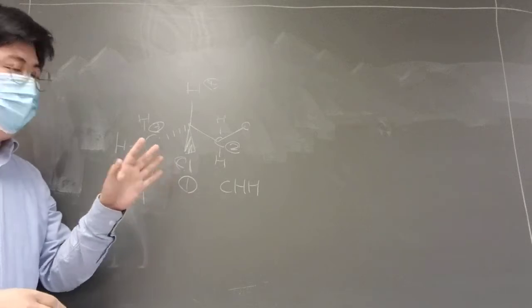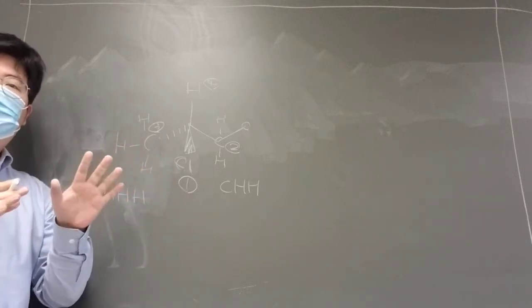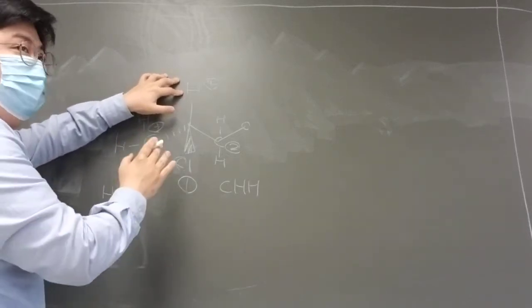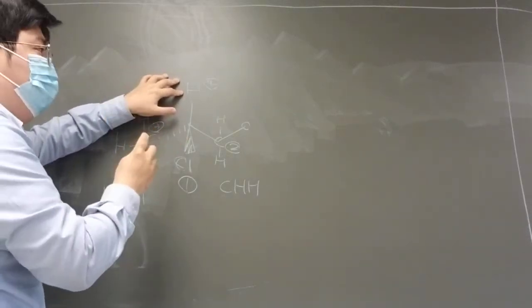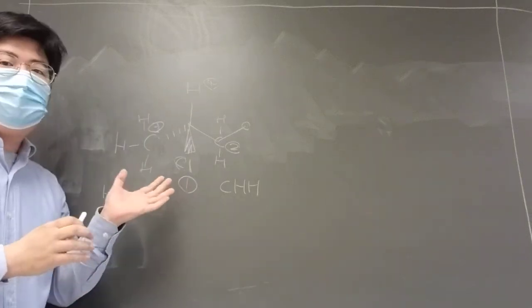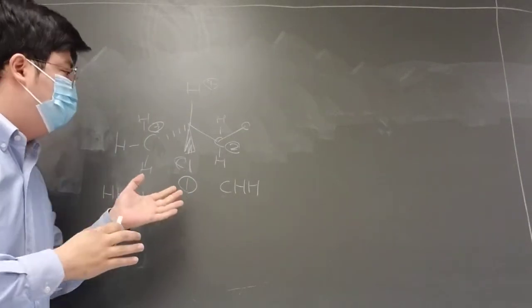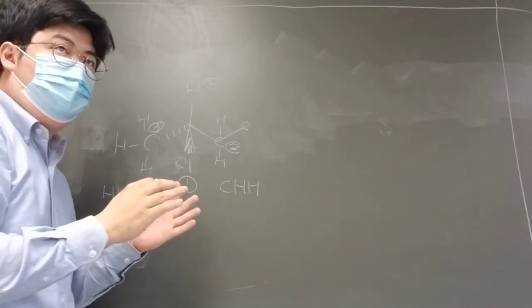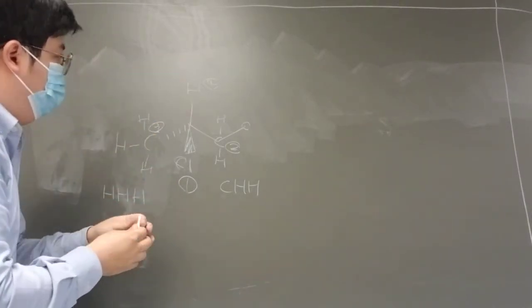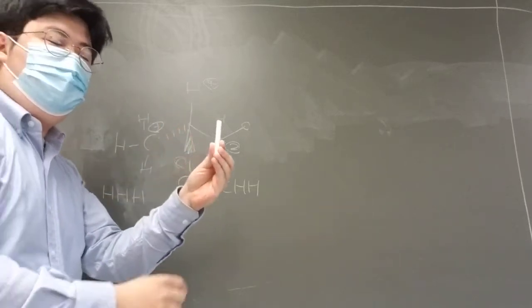So now you're saying, maybe in this case, the number 4 group is not going back or front, but is on the plane. Okay? In this case, it's kind of tricky. This might be the trickiest one to find out whether it's R or S. If it's in the plane, it's literally on the plane.